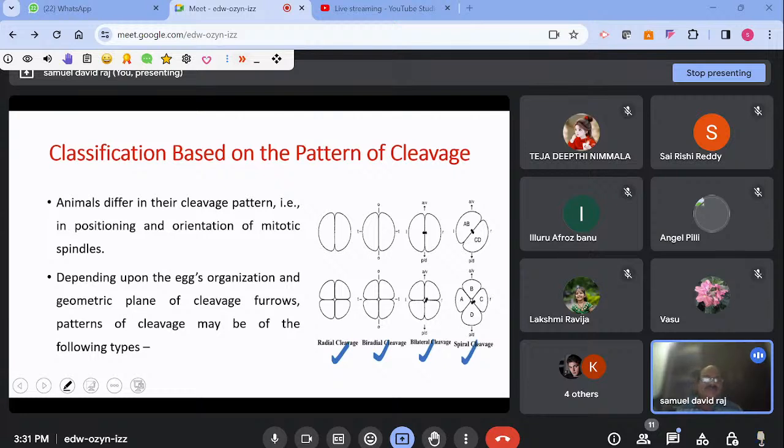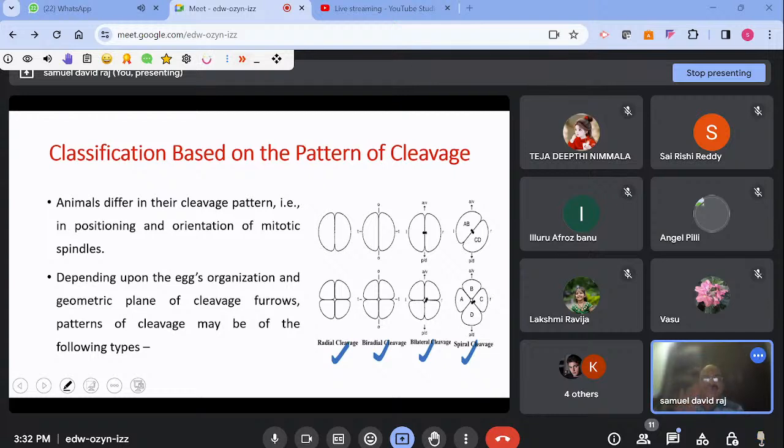Why these different types? Because when you see the molluscan body, it is spirally twisted inside the spirally twisted shell, which is highly coiled, as in the case of Pila. As the body is organized, the cleavage is also organized.